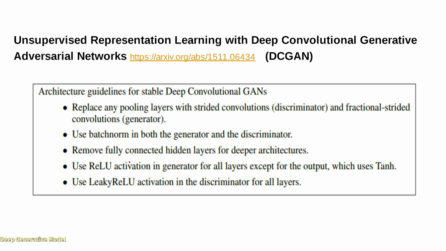And in DCGAN, it actually provides several guidelines to design the architecture. Because back then, it was difficult to actually design a convolution network that can converge when we train it in a GAN architecture. It is not easy.